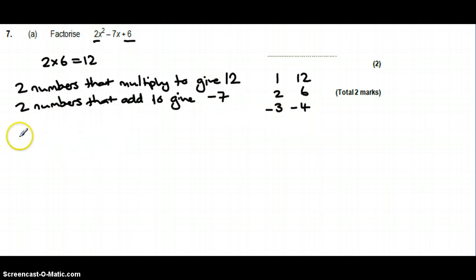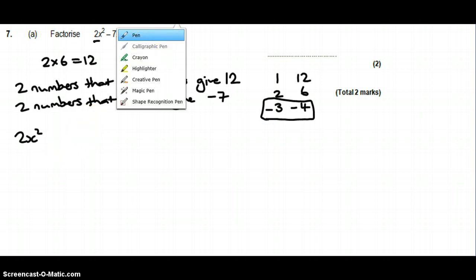So that one works. So what we can do is rewrite our quadratic and split the negative 7x up into minus 3x and minus 4x. Just to be careful which way round I put my minus 3x and my minus 4x.